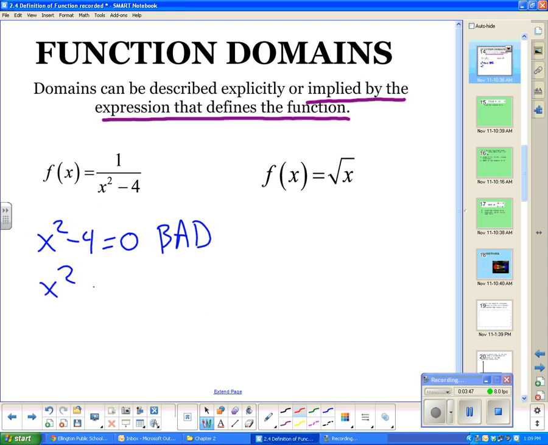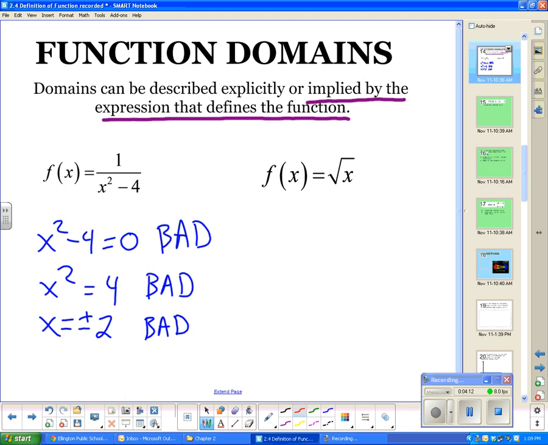That means we don't want x squared to be 4, by adding 4 to both sides. Take the square root of both sides, x equals plus or minus 2. And remember, all of this would be bad. And so what that tells me is that the domain of the function f for this particular problem is all real numbers except the numbers plus 2 and negative 2.